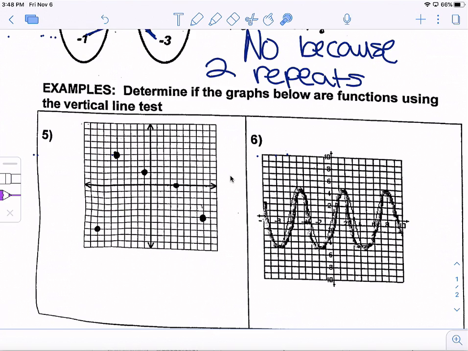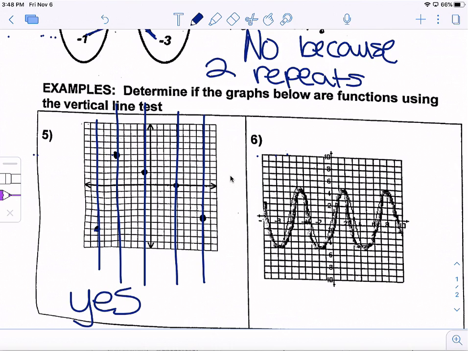If I do imaginary vertical lines, I can only intersect the graph at one place, or you want to make sure none of the points are on top of each other. So this would be yes, this is a function, because these vertical lines are only intersecting the point at one place. Each dot only intersects the line one time.